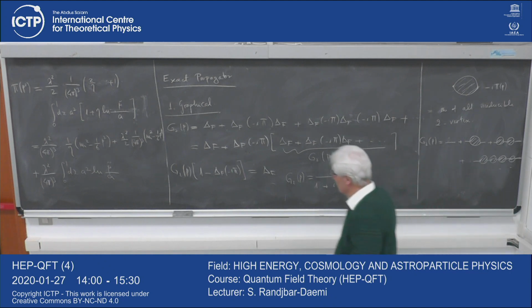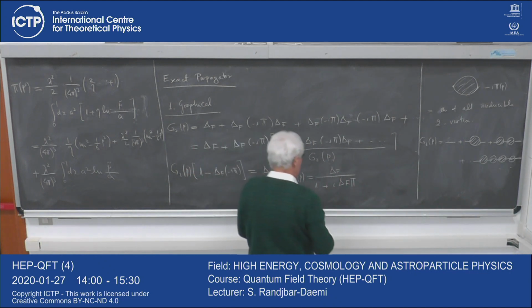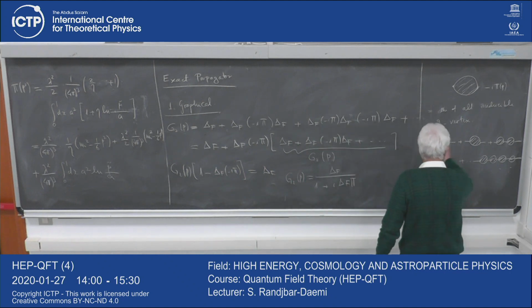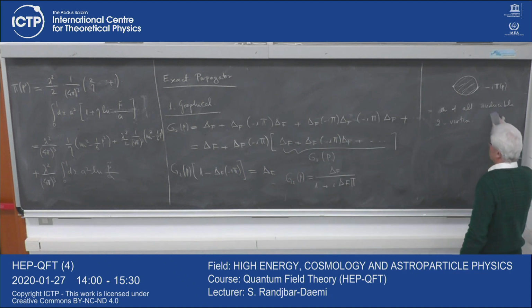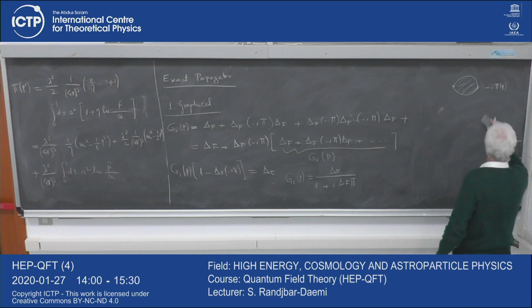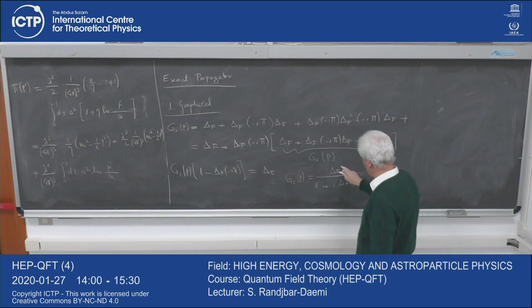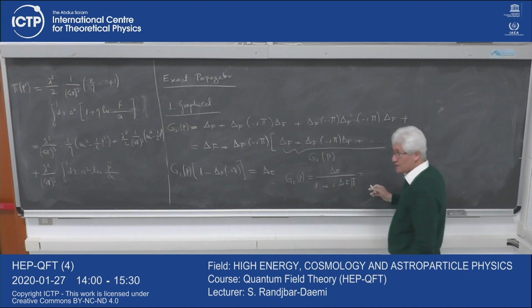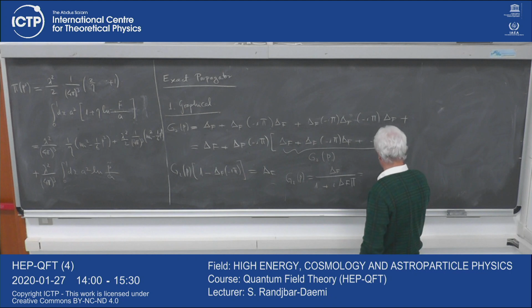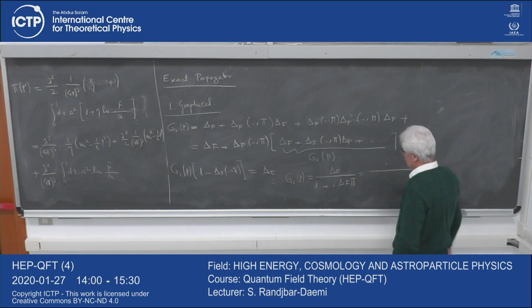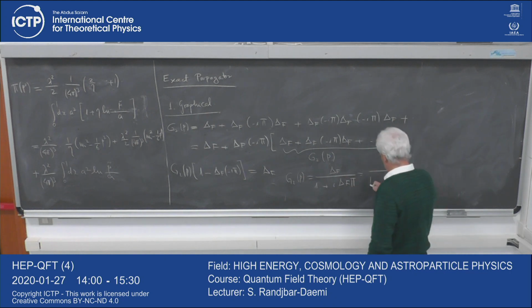If you put the value of delta F in this expression, we know what delta F is. It is I divided by P squared minus M squared plus I epsilon, etc. So it becomes I divided by P squared; I'm going to put this value and multiply the denominator. Multiplying the denominator gives me P squared minus M0 squared plus I epsilon.